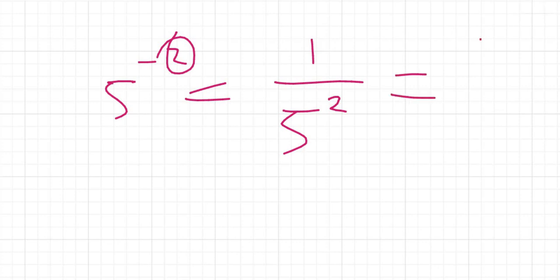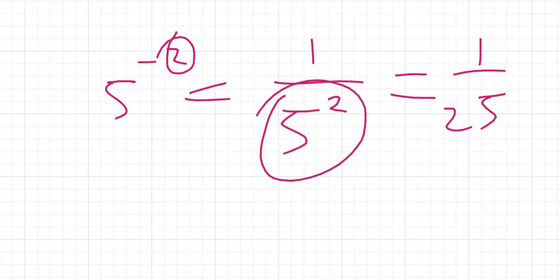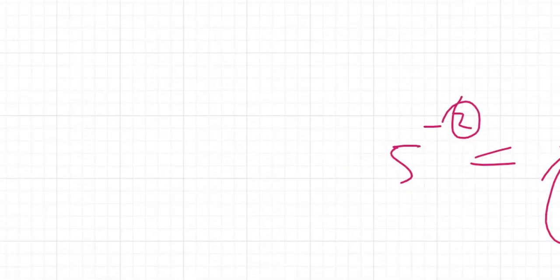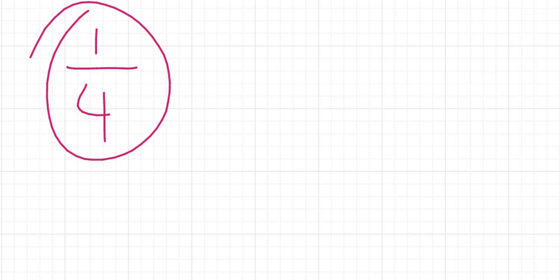And so my answer will be 1 over 25, because 5 raised to the second power is 25. What if I had 1 over 4? Now, if I could rewrite this in exponent form, I could ask myself, what number do I multiply by itself to get 4? 2 would be the answer.